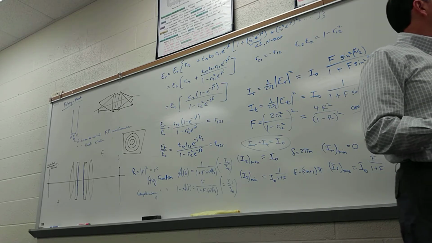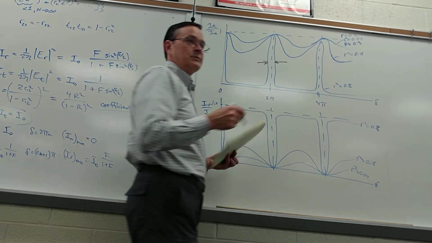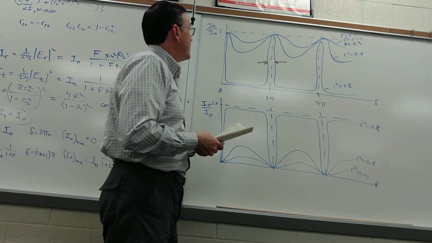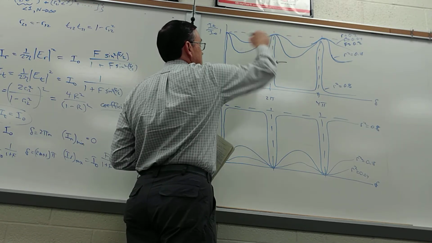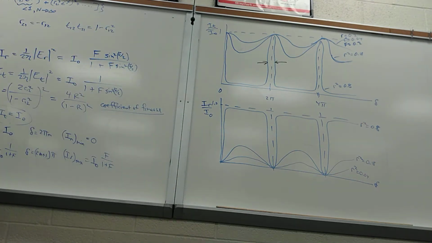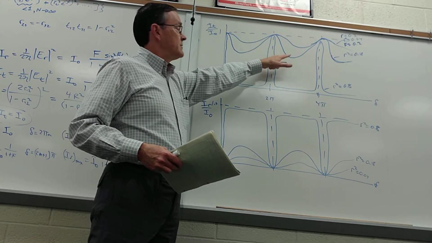If R squared is 0.18, I'm not going to really have distinct fringes; I'm going to have light everywhere, with brighter light given by this curve.